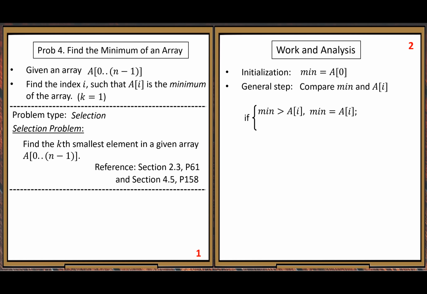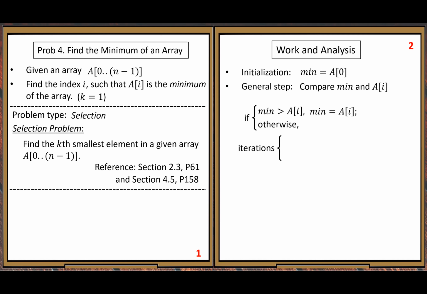This is a comparison, and this is an assignment: two basic operations here. Otherwise, if less than or equal, we do not update. We just go to the next iteration.